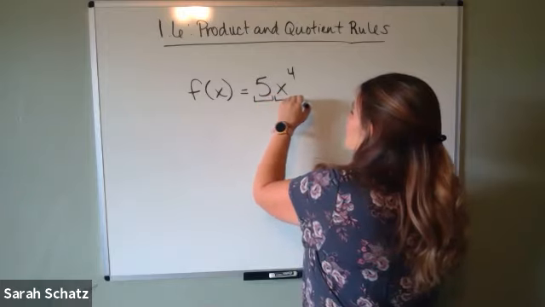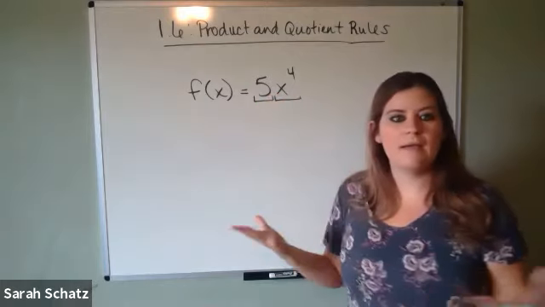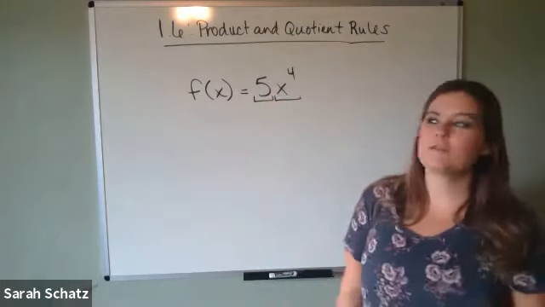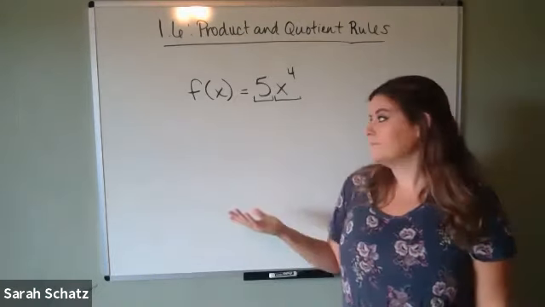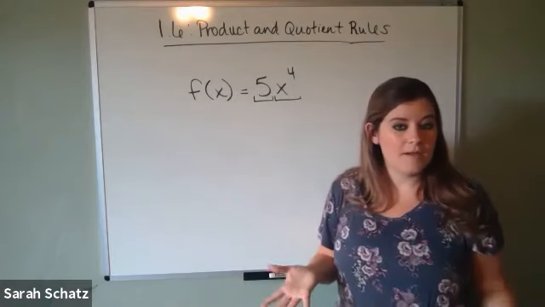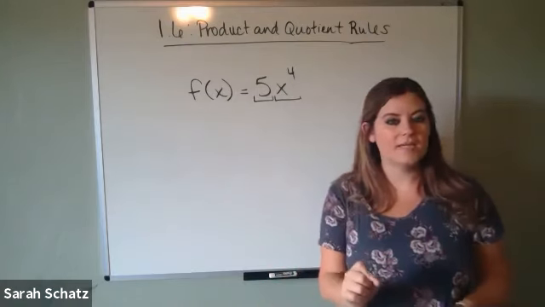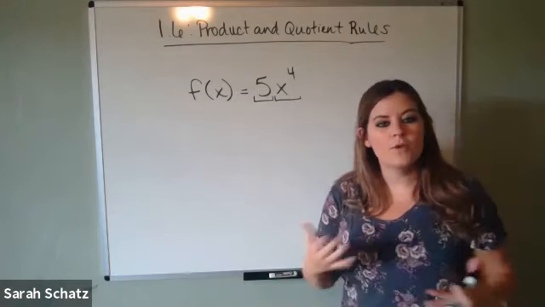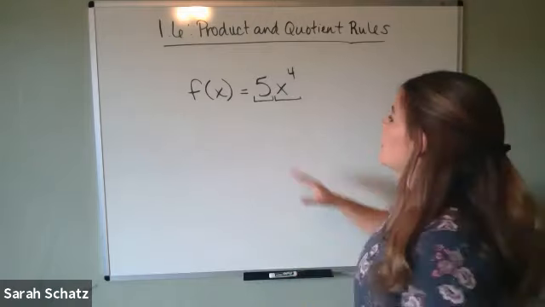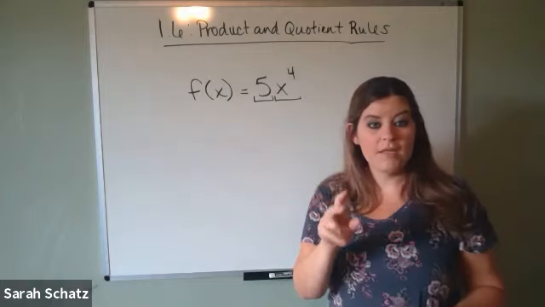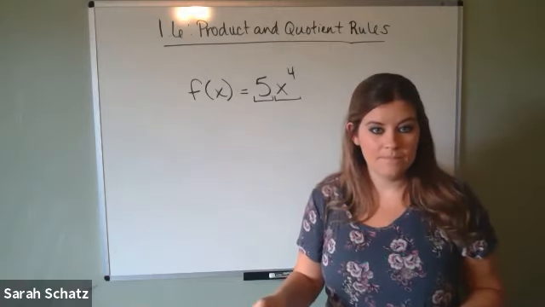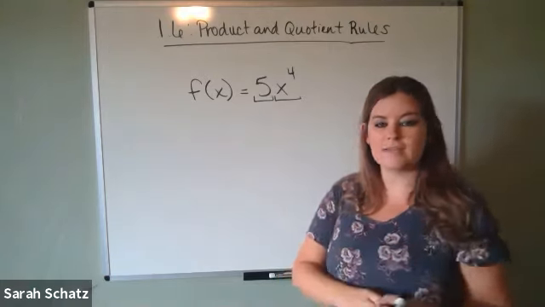So you might look at this and say, ah, that's a product, I've got to use the product rule, because this is 5 times x to the 4th, which technically, yes, is a product. But the big key in the product rule and when we have to use it is that it has to be a product where both factors have the x in them. So they are both functions of x.